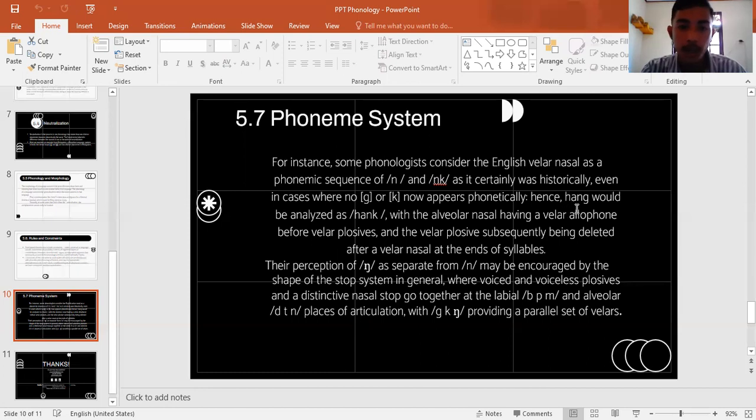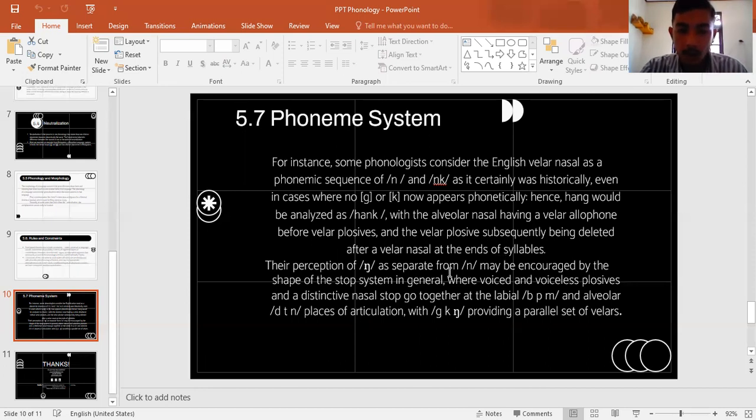Hence "hang" would be analyzed as /hæng/, with the alveolar nasal having a velar allophone before the velar plosive, and the velar plosive subsequently being deleted after the velar nasal at the ends of syllables.